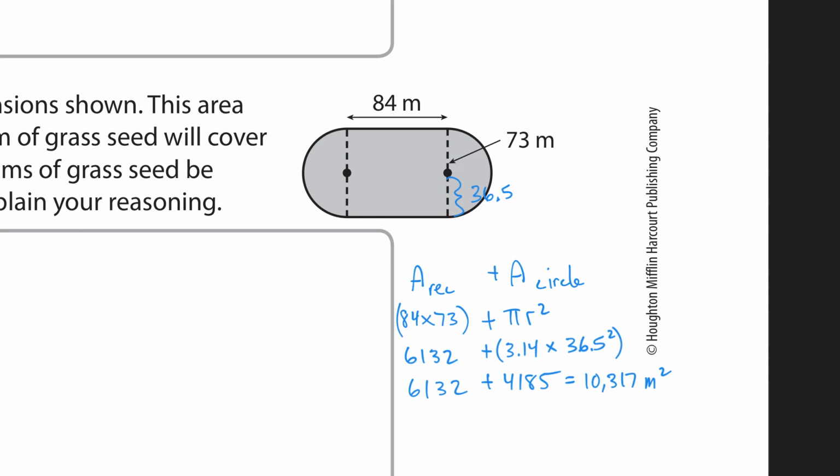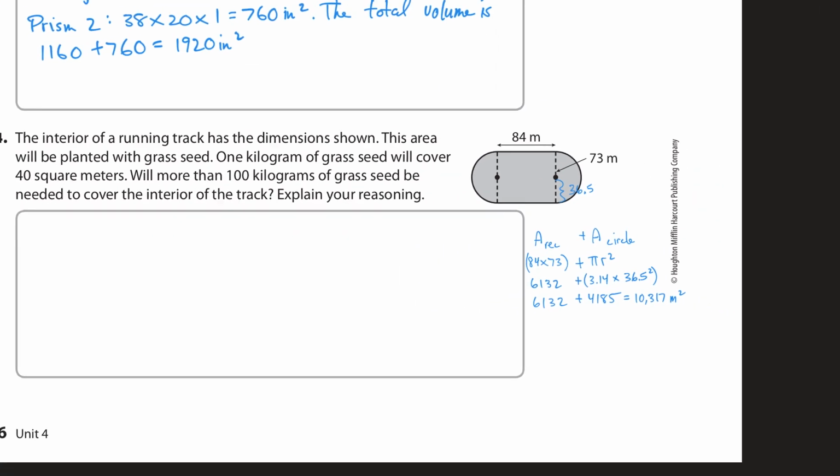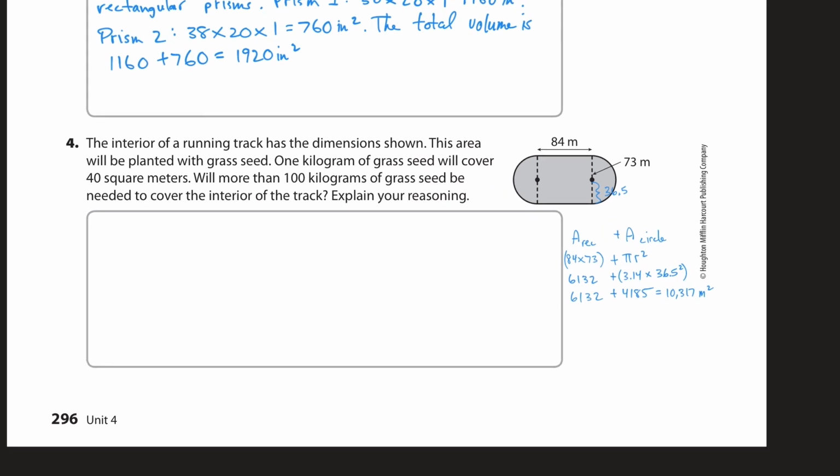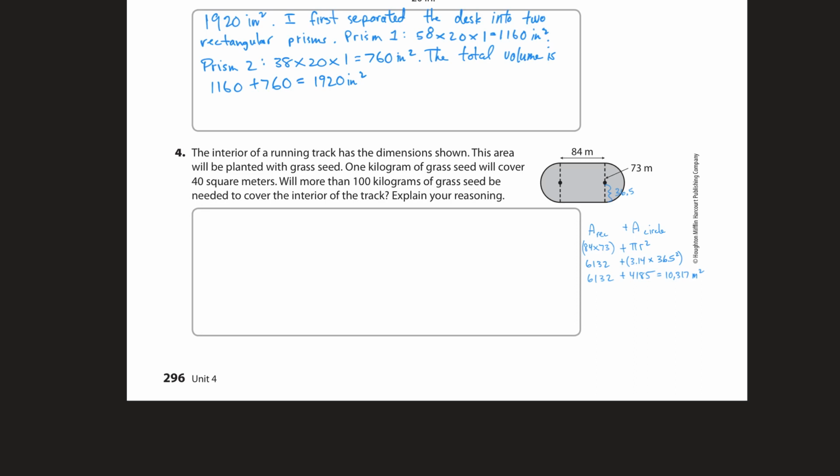And the amount of seed we're going to need is, let's bring this back over here. So I have my area, and right over here, it says 1 kilogram will cover 40 square meters. So I have to take this number and divide it by 40 to find out how many kilograms I need.